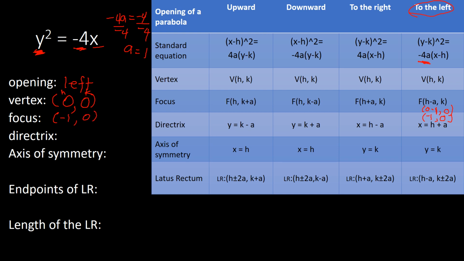Next, we go for the directrix. We have that one as x equal to h plus a. So x is equal to, our h is 0, and then plus our a is 1. So 0 plus 1, that is 1. So our directrix is x equal to 1. And then for our y is equal to k. Our k there is 0. So we have our y equal to 0.